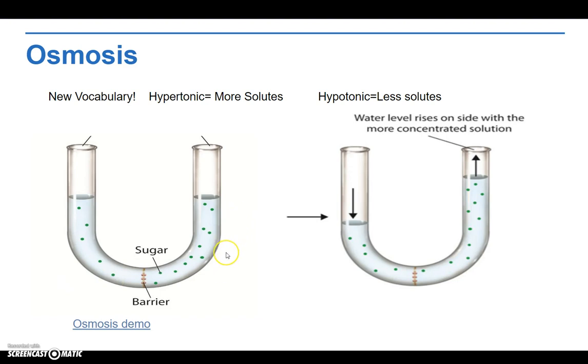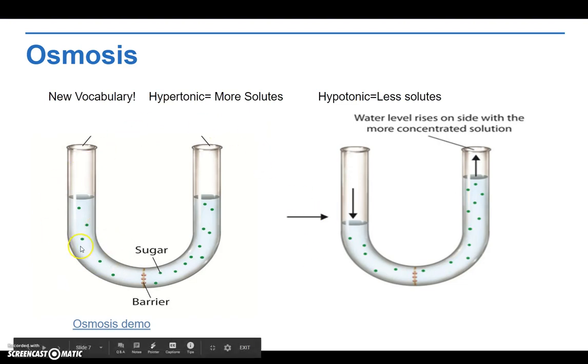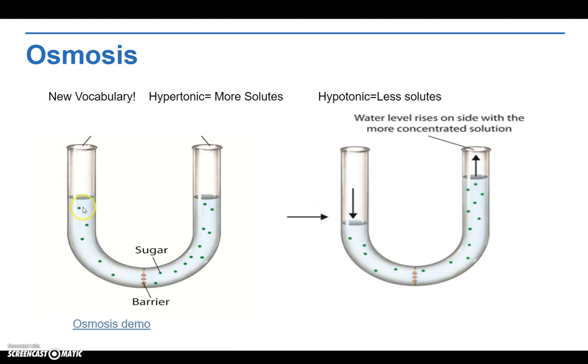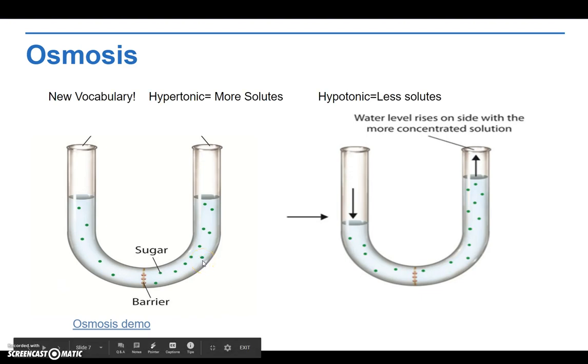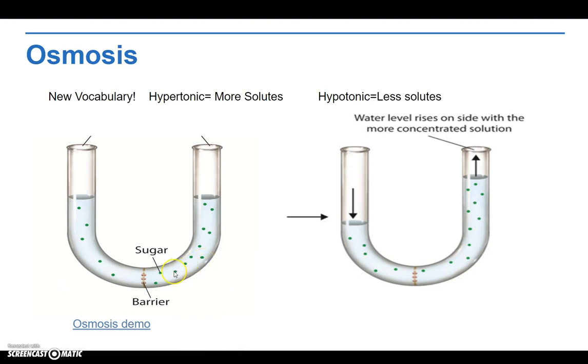So we just said that water will move from high concentration of water to low concentration of water. So this first beginning tube, we have high concentration of water. There is more water than there are molecules. On the other side, there are more sugar molecules than water. So water is going to flow from high water concentration to low water concentration.